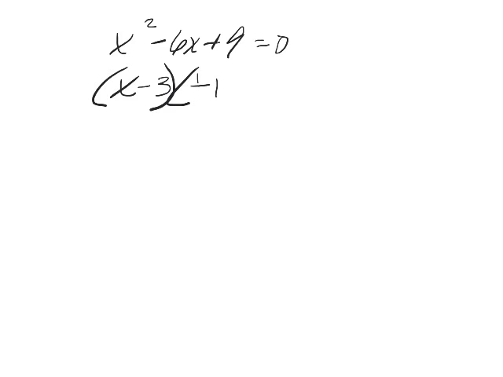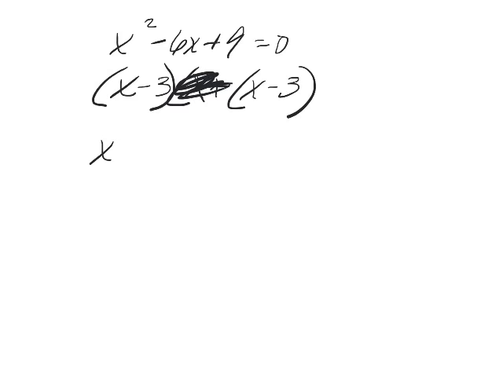Okay, so if you continue on, let's say the example on top of page 203, they give us x squared minus 6x plus 9 equals 0. They solve this, and they get x minus 3 times x minus 3.